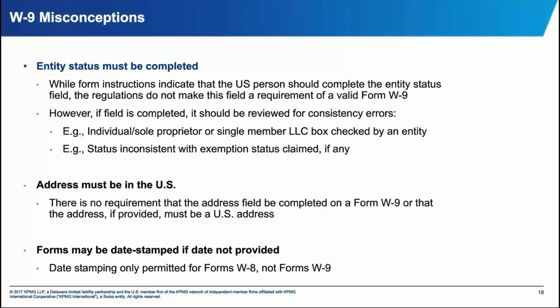And so you need to know when that time starts ticking. For the W-9, there is no such rule. And remember, the regulations say it's name, TIN, signature, and date. And there is no provision that says that the withholding agent or the payor in this case can date stamp it. So if they didn't put the date on that form, then we just don't have a valid W-9. So that's one that's often overlooked.